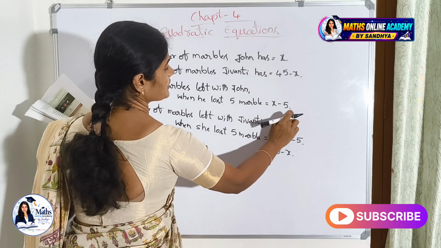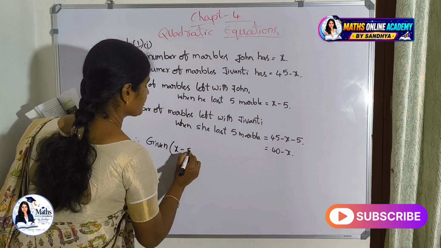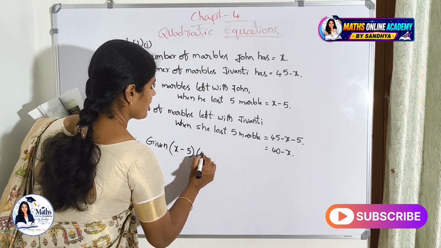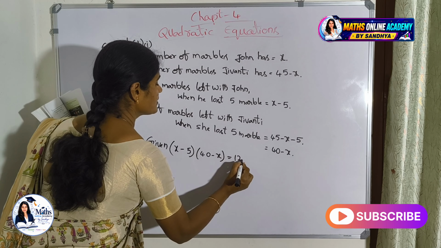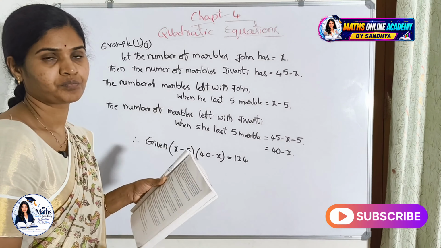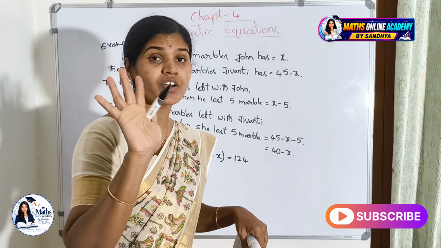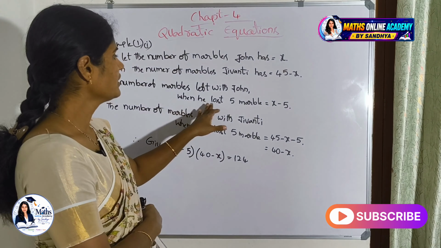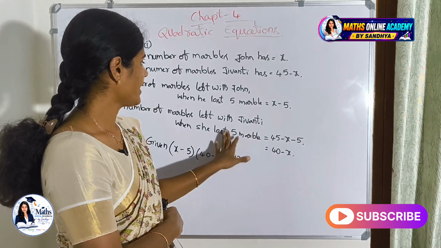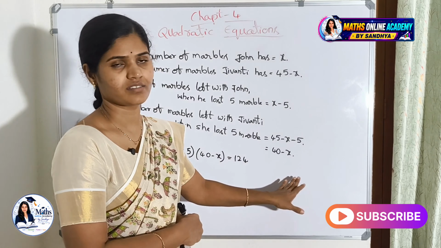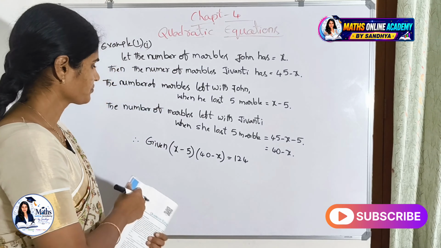So this one and this one, both product is 124. After losing the 5 marbles, John has x minus 5 and Jivanti has 40 minus x. So the product of these two is equal to 124.